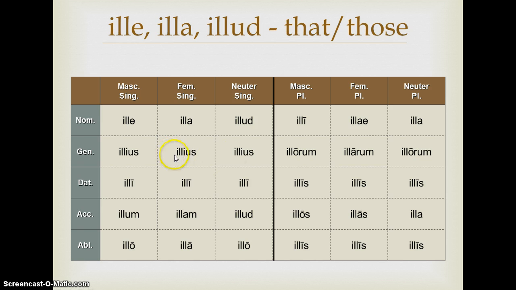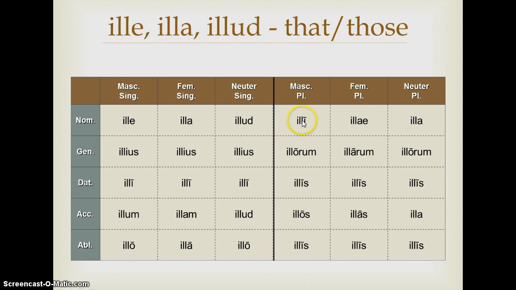So illius, illius, illius, of that man, of that woman, of that thing. Illi, illi, illi, to or for that man, to or for that woman, to or for that thing. I recognize that this E in the nominative masculine singular and the D in the nominative neuter singular are a little weird, but again, just memorization. Ille, illa, illud, that man, that woman, that thing.